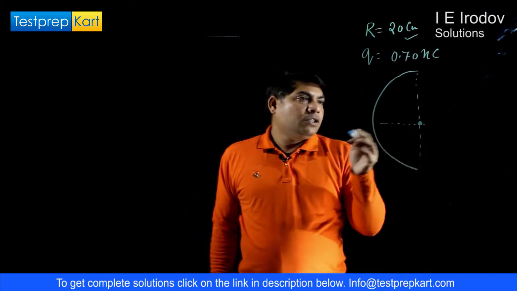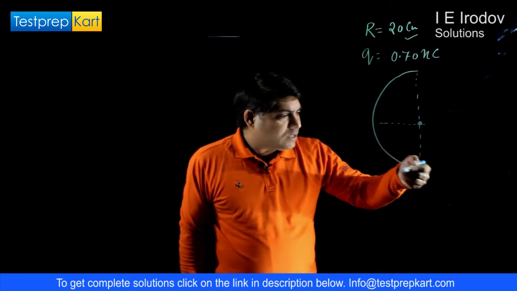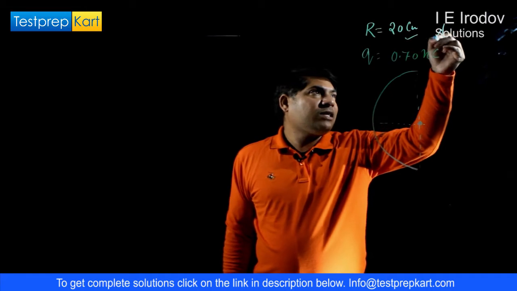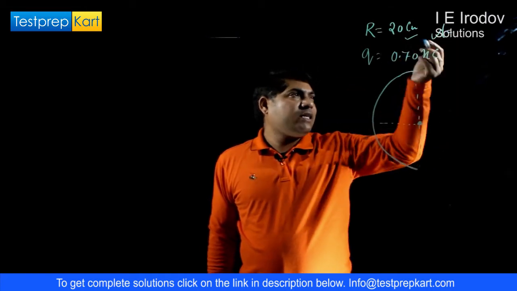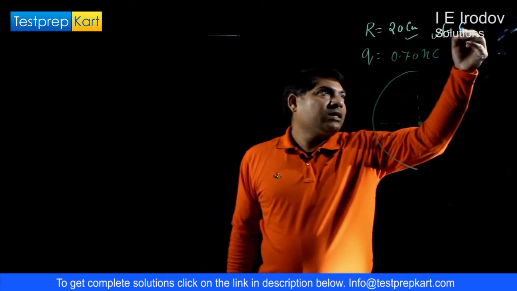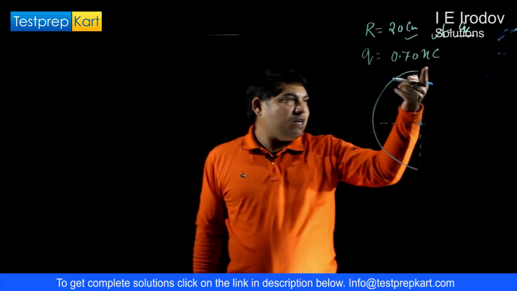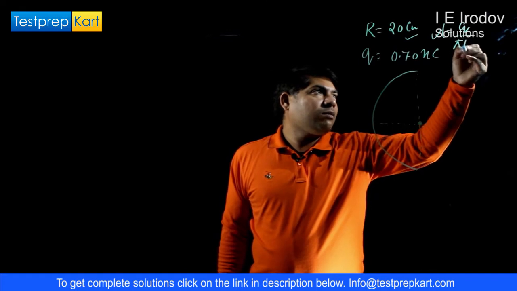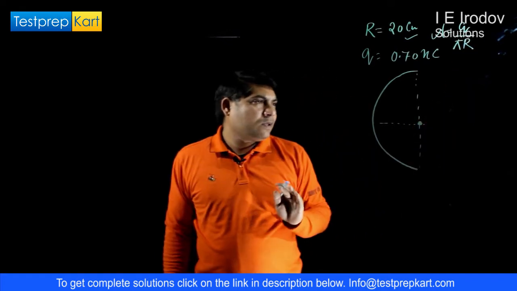Because the entire charge is distributed over the length, we can find the charge density. Let's take linear charge density lambda, equal to total charge divided by length of this ring. It is a half ring, so lambda is Q over pi r.